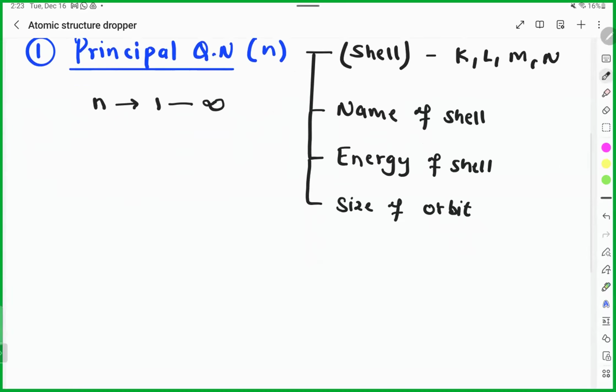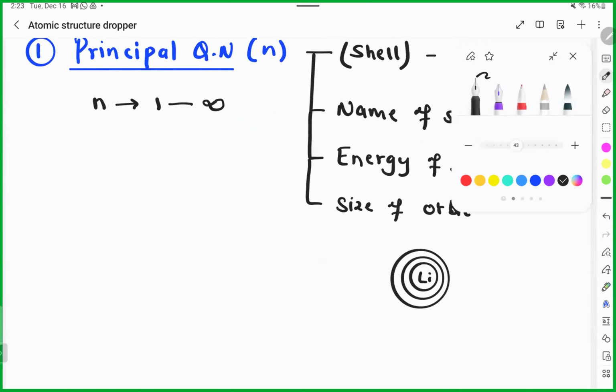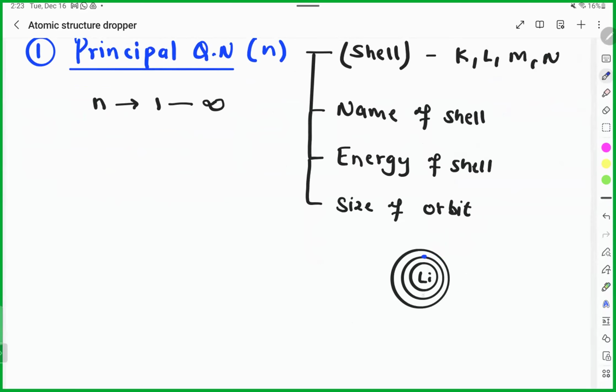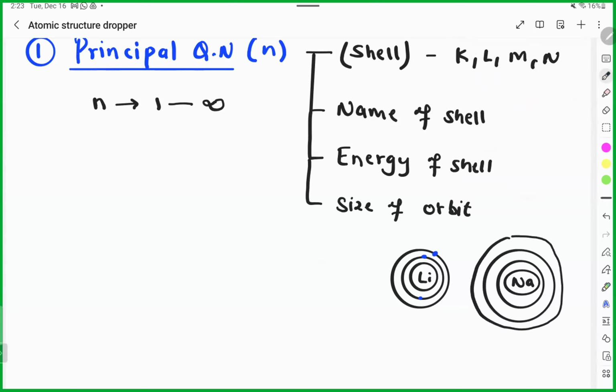Correct? If you take lithium, you have two shells, K2 and L1. Total electrons 3: 2 electrons in the K shell and 1 in the L shell. But if you take sodium, then the first shell will have 2 electrons, the second shell will have 8 electrons, and the third shell will have 1 electron.